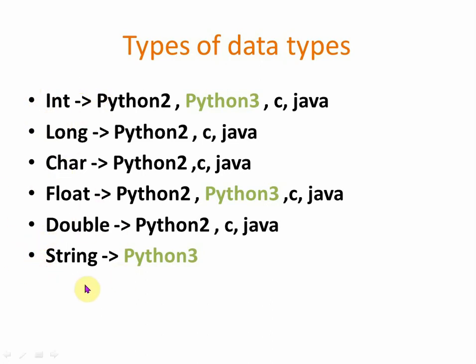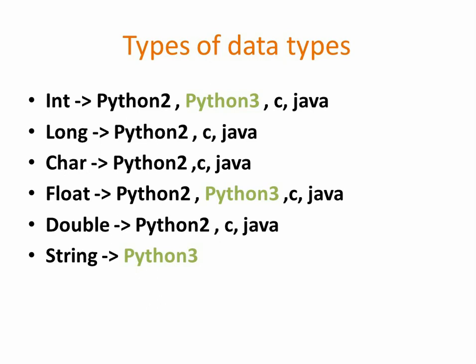Python will automatically make float into double. Long is a bigger type of int. In Python 3 it automatically adjusts, and if a long data type comes, it makes it an int, but the size will increase. You will understand when I explain this in practical videos.